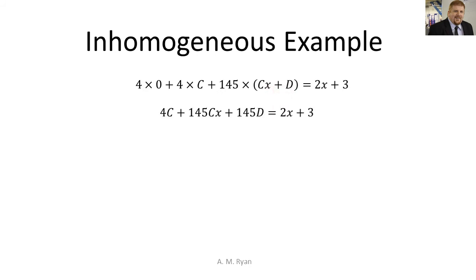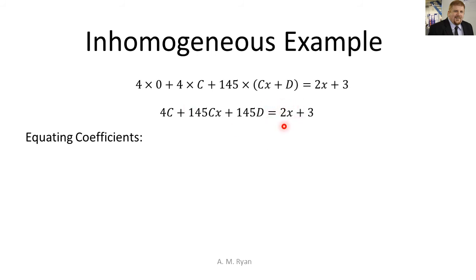Now what we're going to do is equate coefficients. So we're going to look at the left hand side and the right hand side. Because they are equal to each other, anything times x on the left hand side is equal to anything times x on the right hand side.